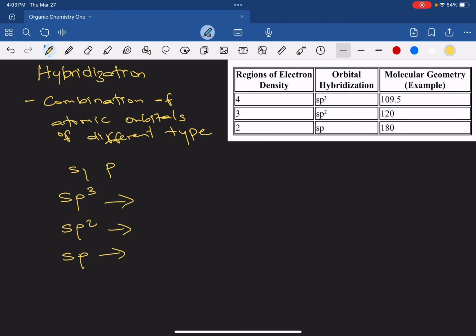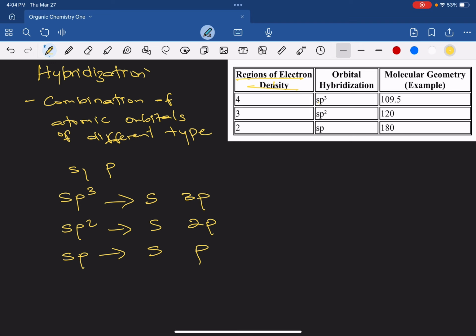So sp3 means you're combining 1 s orbital and 3 p orbitals. sp2 follows suit: 1 s orbital, 2 p orbitals. And sp: 1 s orbital and 1 p orbital, right? It's that simple. That's your sp3, sp2, and sp hybridization. Now, if you can count the number of regions of electron density like we did earlier, you can determine your hybridization for any atom, right?